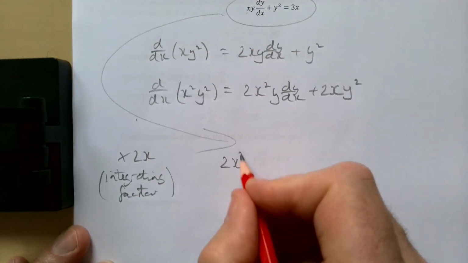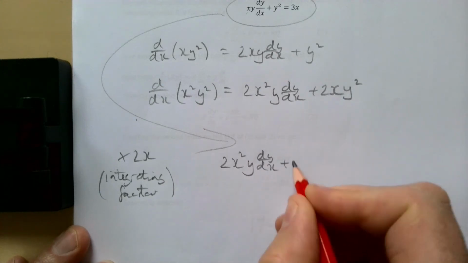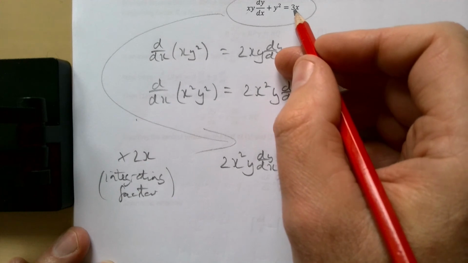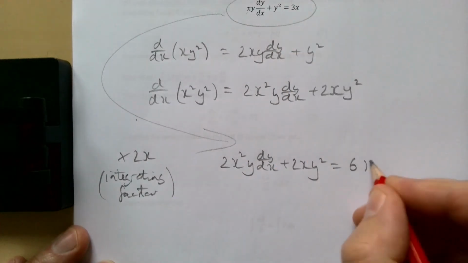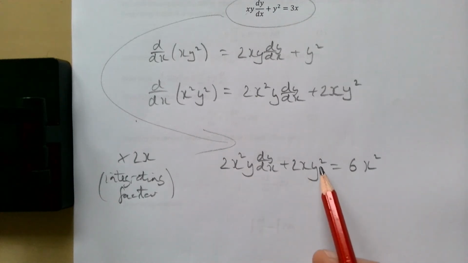we will get 2x squared y dy by dx plus 2xy squared, and times obviously this side as well will give us 6x squared. So how does that help? That means we've turned the left hand side into an exact differentiation.